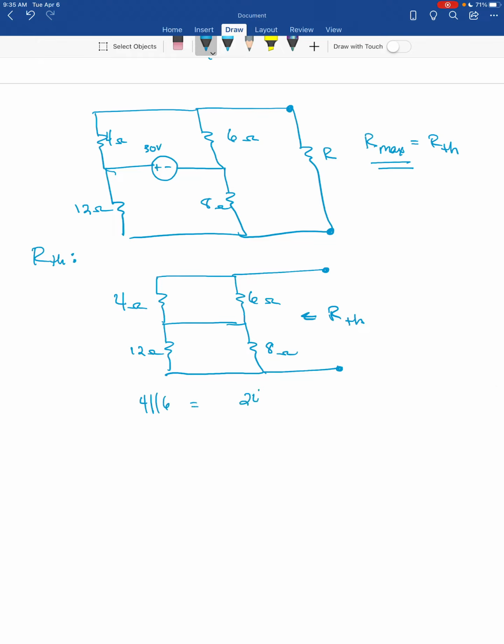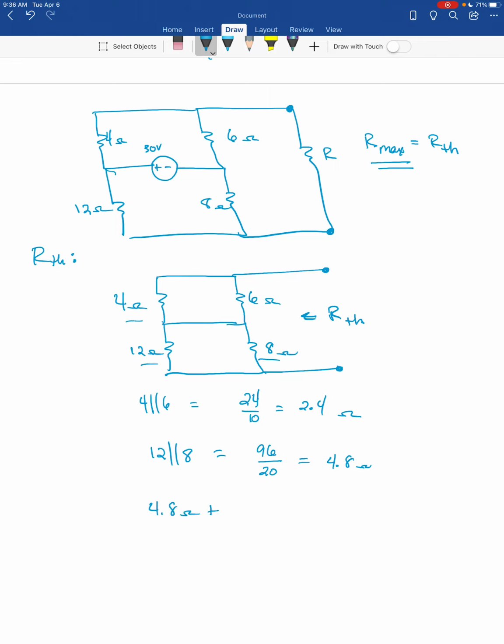So I have 4 in parallel with 6, which is 24 over 10, or 2.4. And I have 12 in parallel with 8, which is 96 over 20. That doesn't seem right. 12 times 8 is 96. 12 plus 8 is 20. Okay, do that, and you're going to get 4.8.